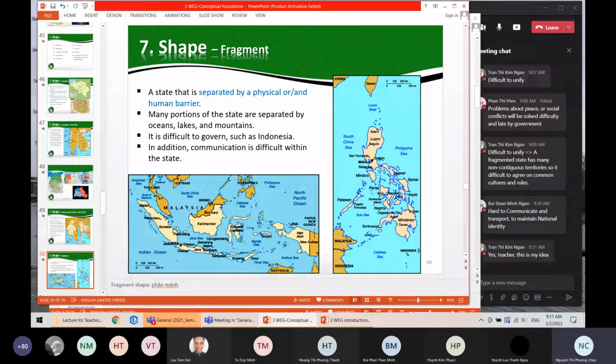And other disadvantages. So in summary, we can see it's difficult to communicate, difficult to transport, difficult to connect area to area, and difficult for the government to communicate with every person.